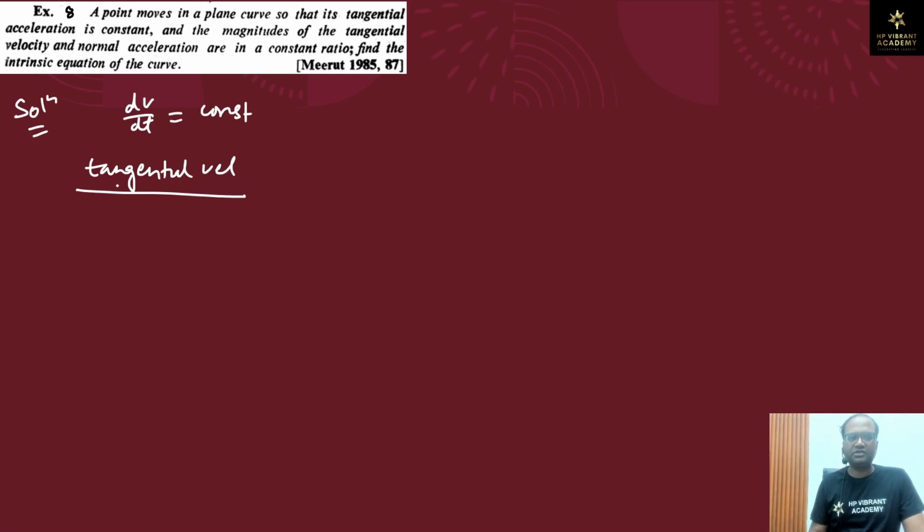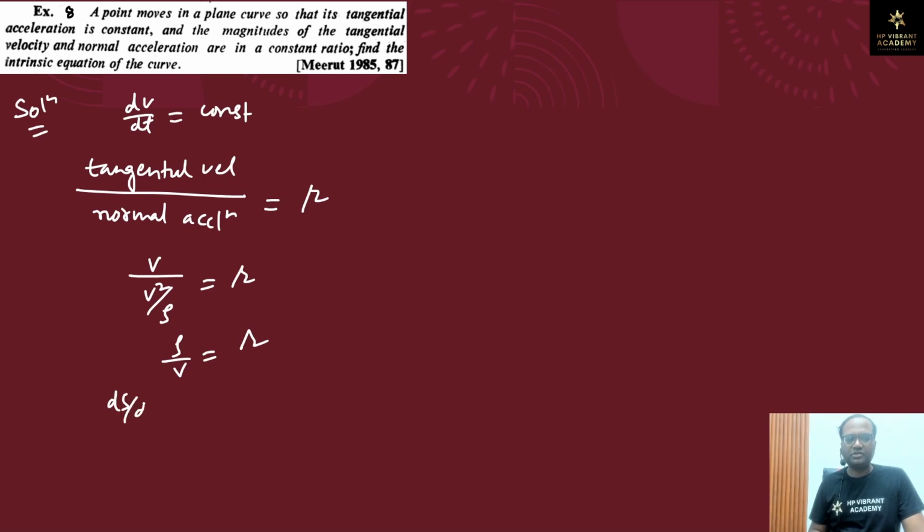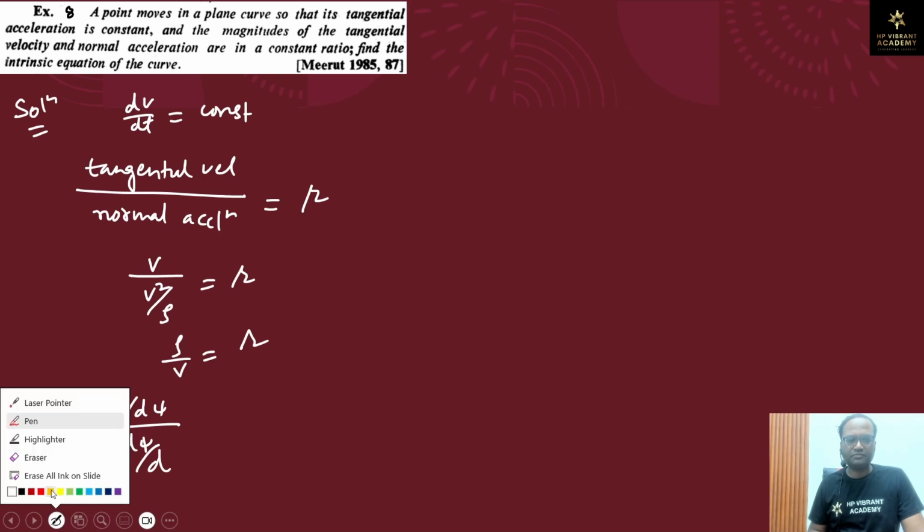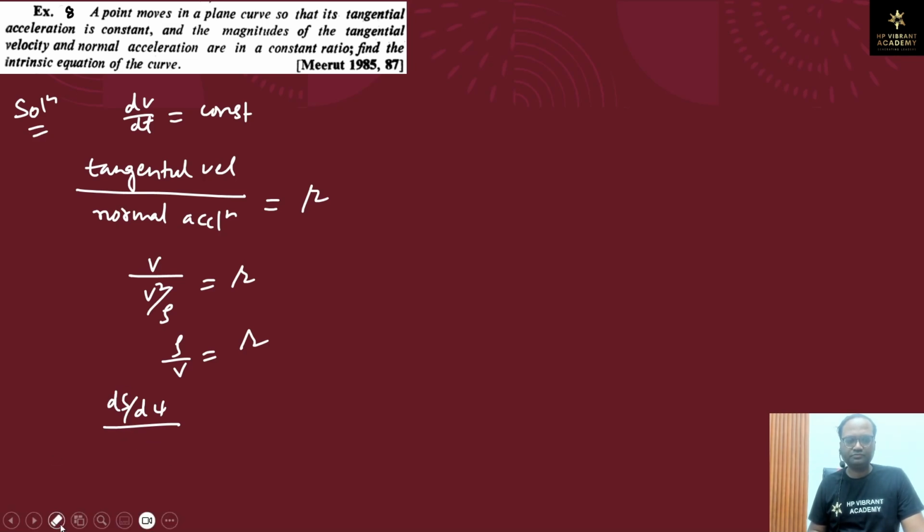Okay, so let us find the ratio. The tangential velocity upon normal acceleration are in constant ratio. So let us consider this constant as mu. So we have the tangential velocity as v and normal acceleration v square upon rho, so v upon (v square upon rho) is equal to mu. So we have rho upon v is equal to mu. So rho we can write as ds upon d psi, and ds upon dt is v, so ds upon dt equal to mu.